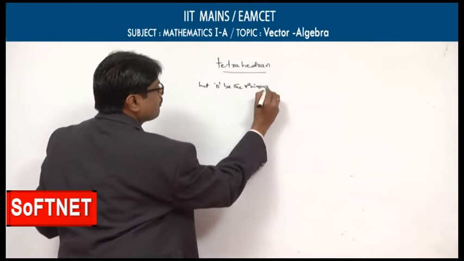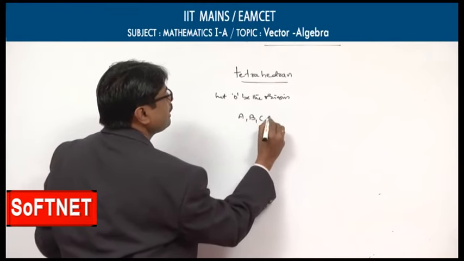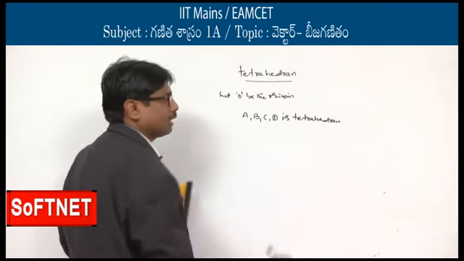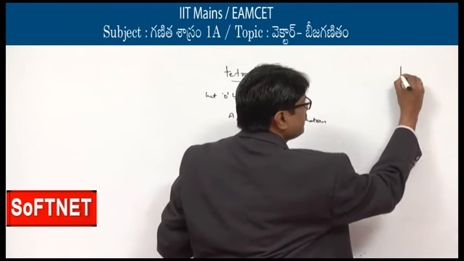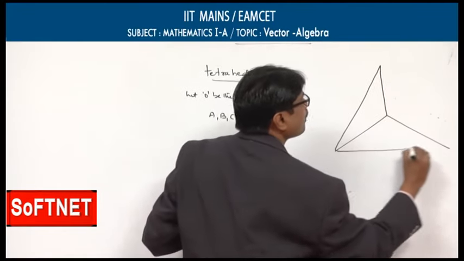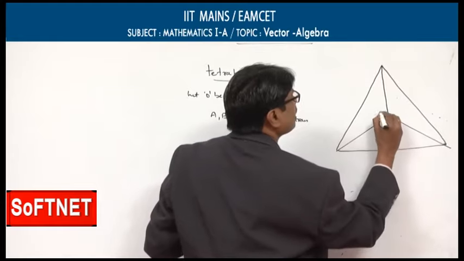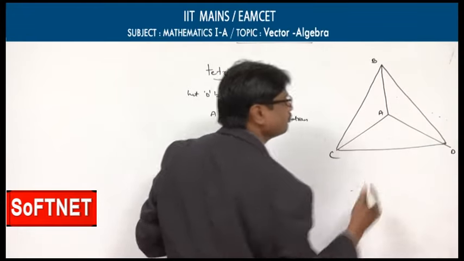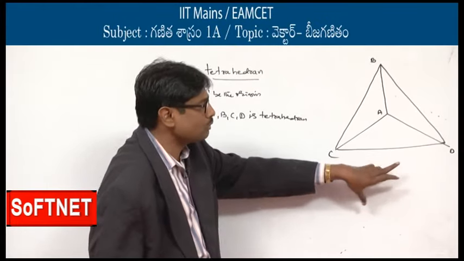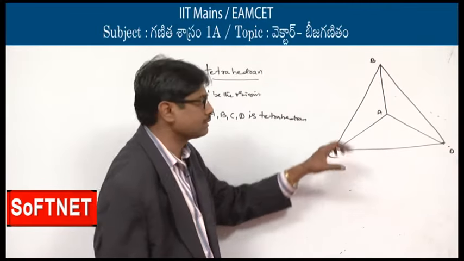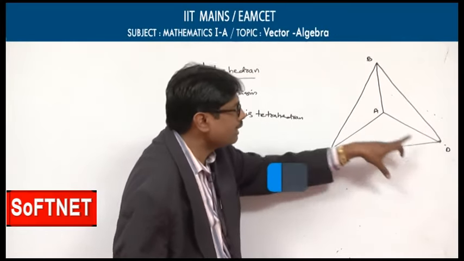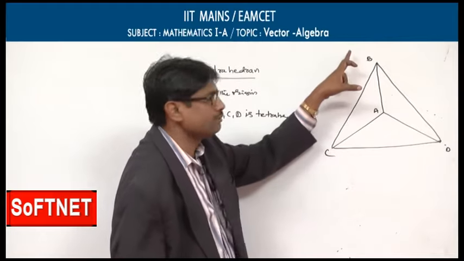ABCD is a tetrahedron consisting of 4 planes, constructed by A, B, C and D. Clearly there will be 4 triangles: ABC is one triangle, ACD is one triangle, ADB is one triangle, and CDB is the other triangle.